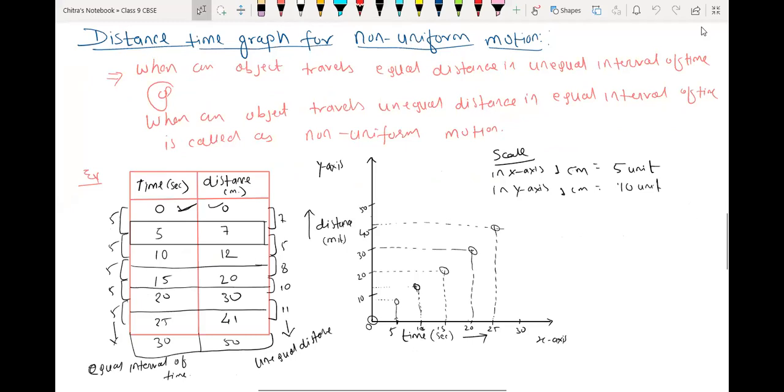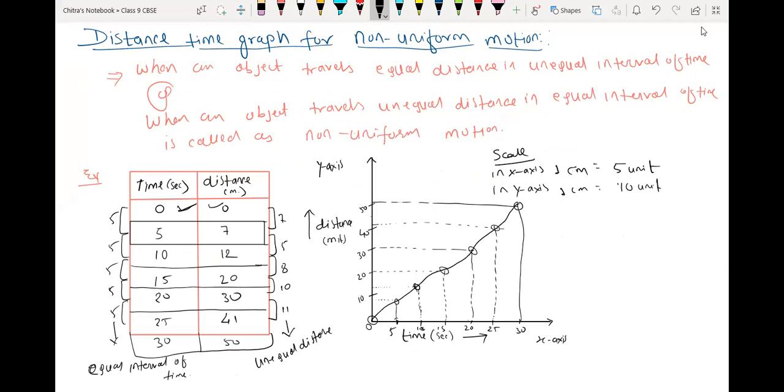Okay, so we have taken here 50 and 30. If we draw the line, see, it is not a straight line. If it is not a straight line, it means the motion is non-uniform.